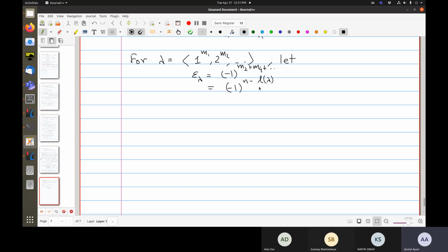Let me not try this. For a permutation which has cycle type lambda, this is exactly the sign of the permutation. So if sigma in Sn has cycle type lambda, as I defined earlier, then this is the sign.